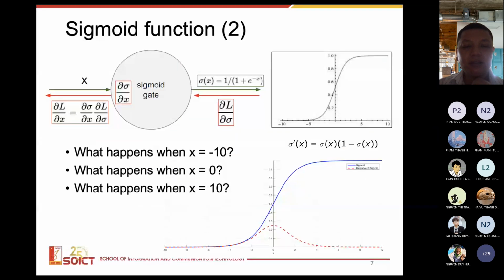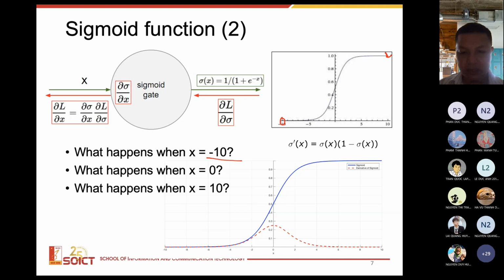Here is a clearer example of the sigmoid function with different inputs. For example, what happens when x equals -10? Then the sigmoid will output 0. If it equals 10, then the sigmoid will output 1, right?